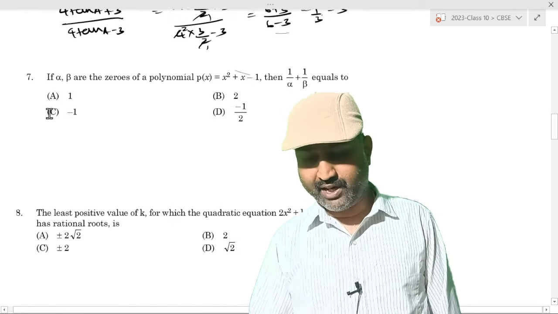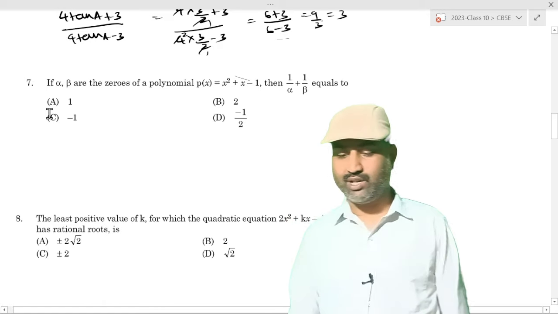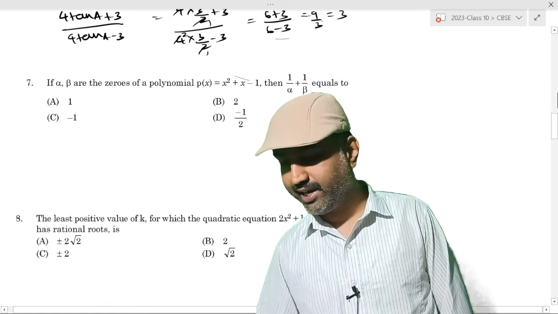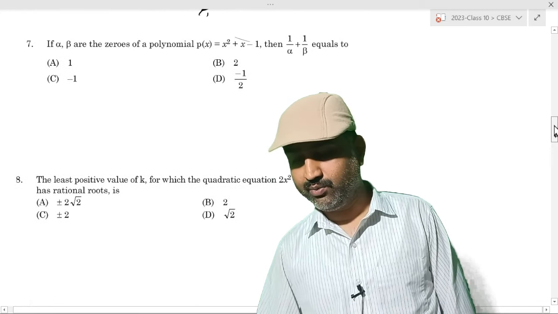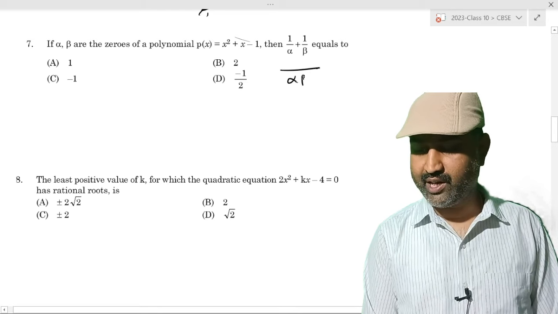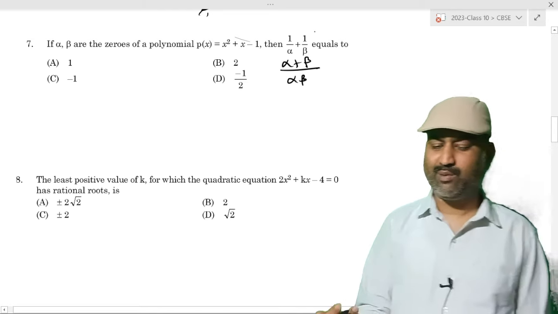If alpha and beta are the zeros of polynomial p of x, x square plus x minus 1, now we have to find 1 by alpha plus 1 by beta, right? If I take LCM, it will become alpha plus beta over alpha beta. Beta plus alpha or alpha plus beta are one and the same.